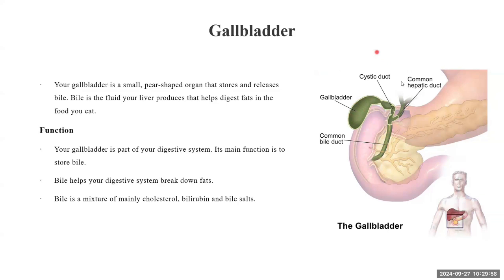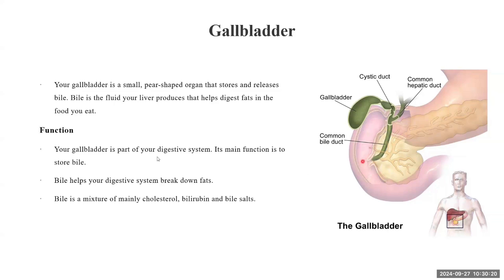That greenish fluid goes into the sac, stays there, gets concentrated, and is then released slowly into the intestine according to the need, or after we eat something. Then it is released in the small intestine, and eventually it helps to digest the food.